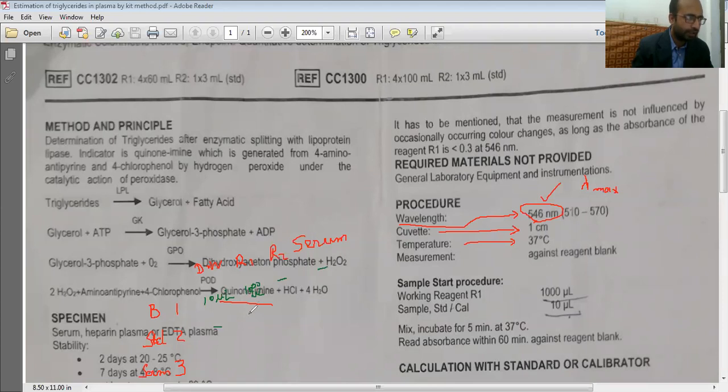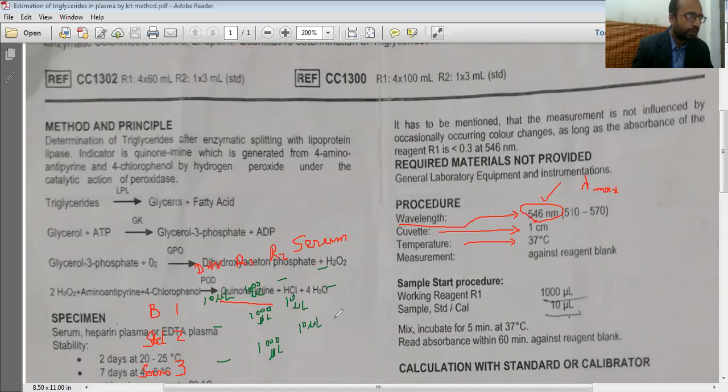You will take 1000 microliter R1, and you will add 10 microliter R2, no serum. And in the sample, you will add no distilled water, but 1000 microliter R1 and 10 microliter sample.